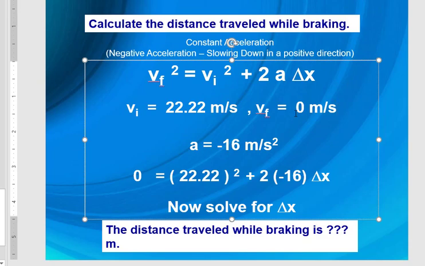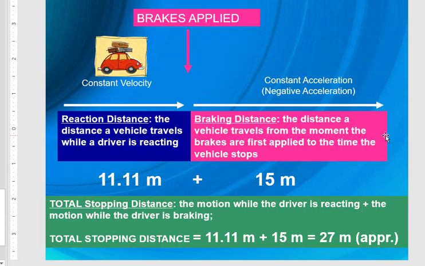And then we used an acceleration of negative 16. So we calculated, what is your actual stopping distance? What is the distance traveled while you're actually braking? And so we used that third equation of the big three. And this is how we calculated the delta x, or the x final. And so that will be your 15 meters, which is on this slide here.